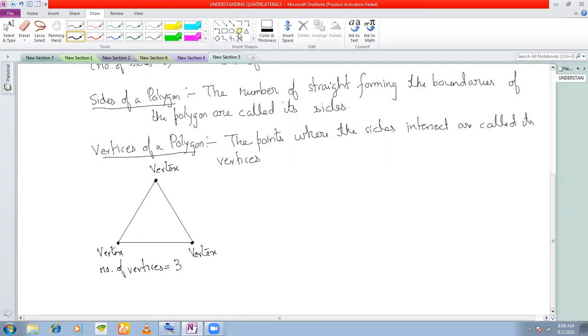Let's say for a hexagon. Hexagon means a polygon with 6 sides. How many vertices? There are 6 vertices.